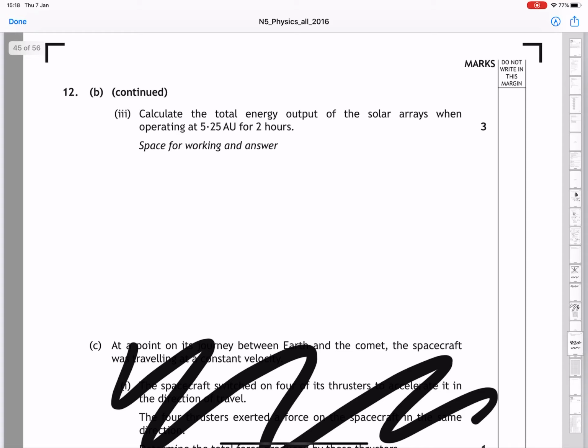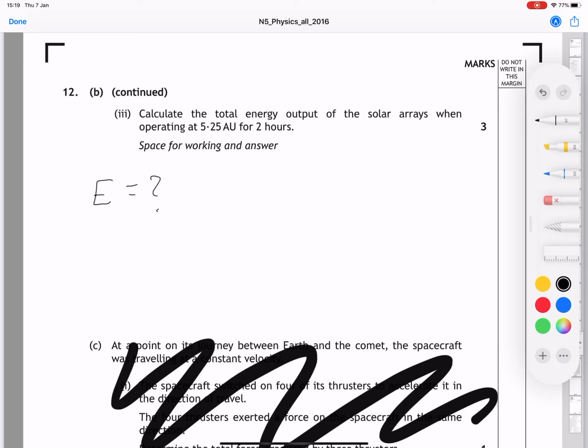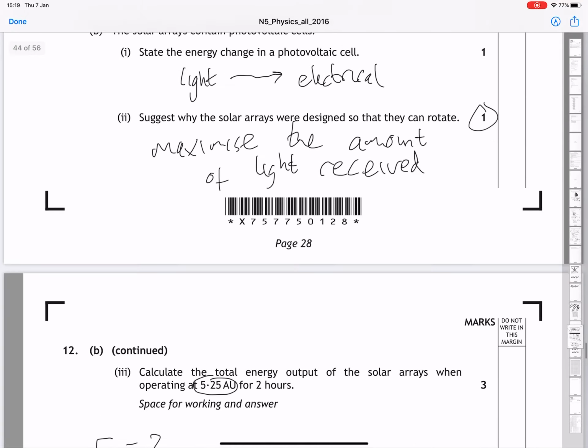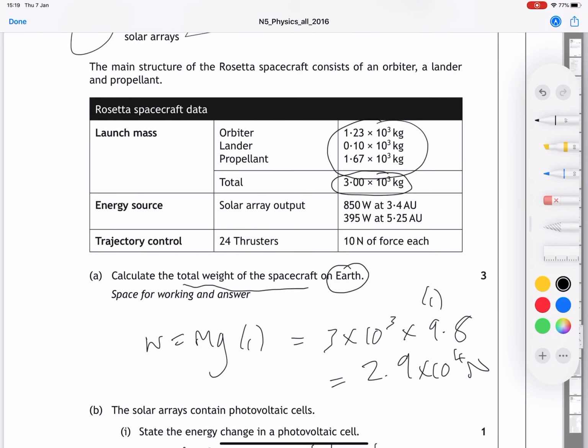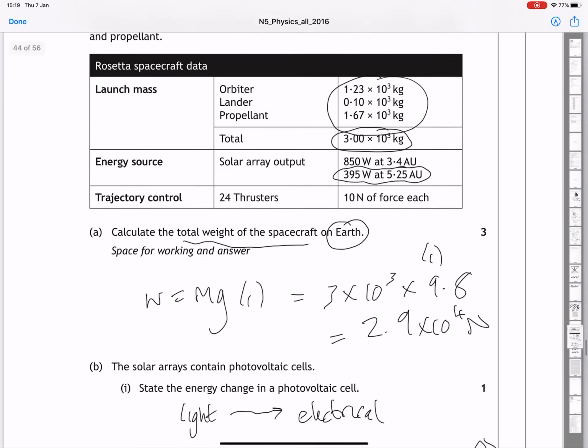Calculate the total energy. So you want to work out energy during 2 hours. So 2 hours times 60 times 60 gets it into seconds for you. 60 times 60 says that's 7,200. And it's 5.25 AU. So if you go back up to your table, 5.25 AU is equivalent to 395 watts.